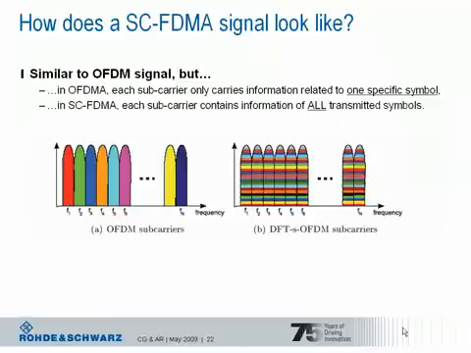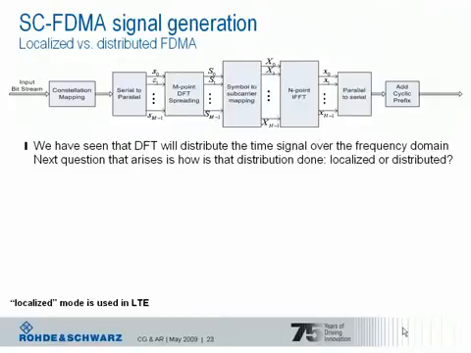You can see on the right-hand side that each of the different subcarriers now carries a little bit of red, green, blue, orange, and so on. So by performing a DFT precoding, we shift around the problem of high amplitudes due to subcarriers in phase.